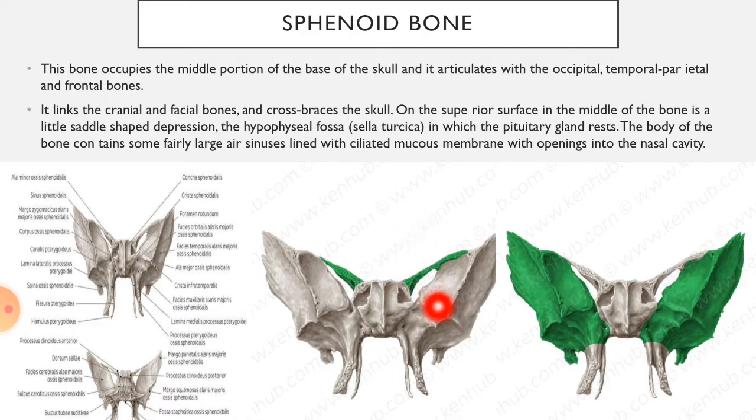This wing, highlighted with green, is its lesser wing, and this one is the greater wing, and this forms the middle portion. It covers most of the middle portion of the base of your skull, and this is the bone that basically joins the facial bones with the cranial bones.